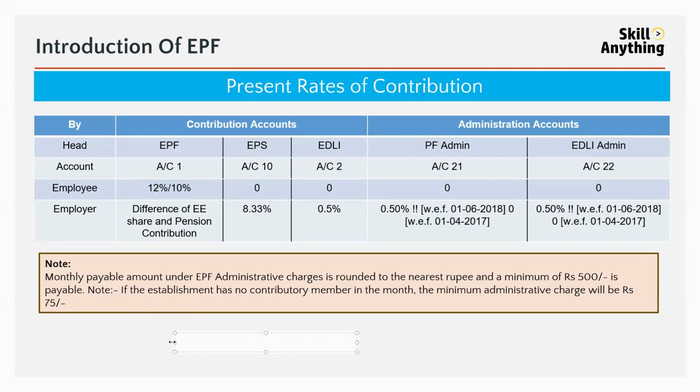For example, if the employee contribution in EPF is 2,000 and the employer contribution in EPS is 1,000, then the employer contribution in EPF is 2,000 minus 1,000, which equals 1,000 rupees.